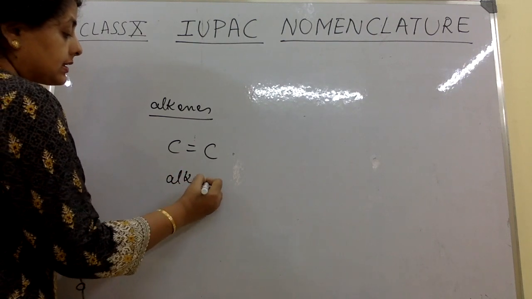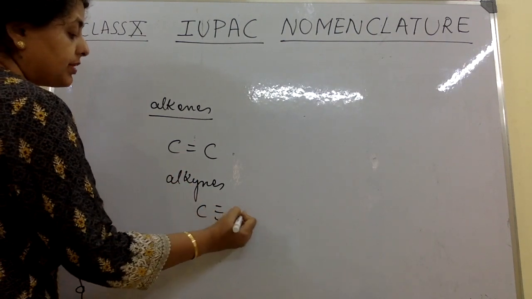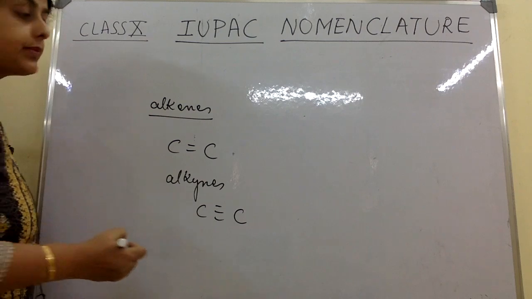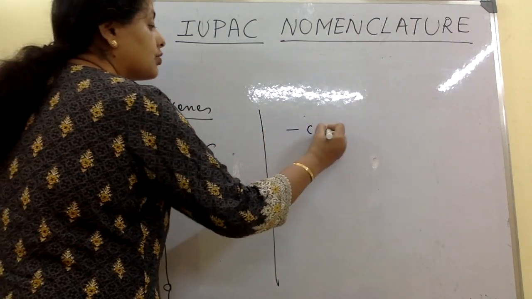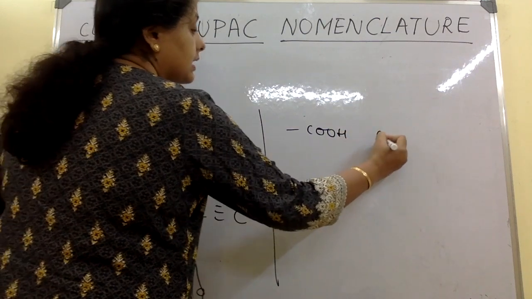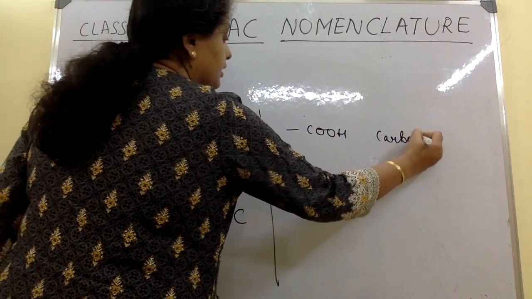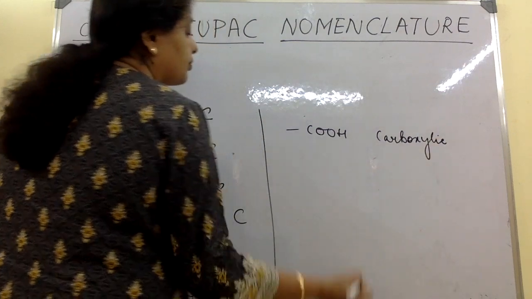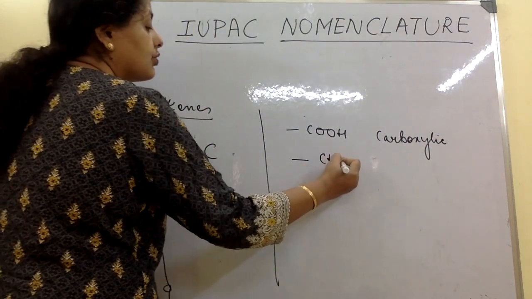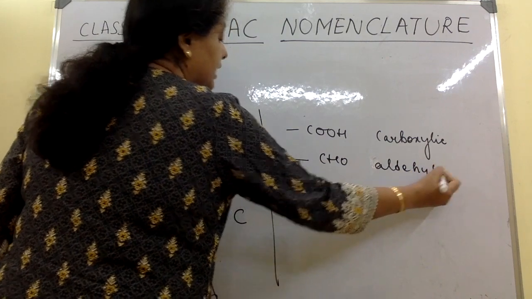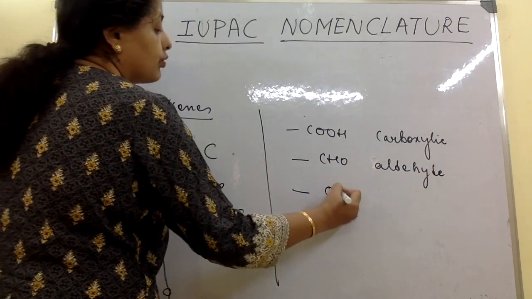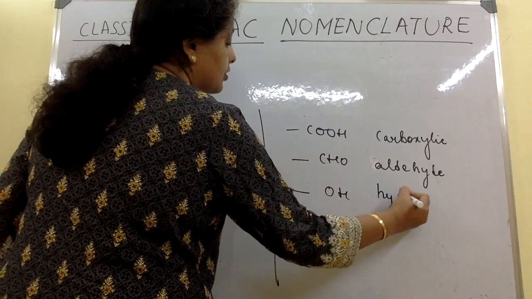Alkynes have a triple bond between carbon and carbon. Apart from this, we have the functional groups. We have the functional group COOH, that is the carboxylic group. Then we have CHO, that is the aldehyde. And then we have OH, which is the hydroxyl group.